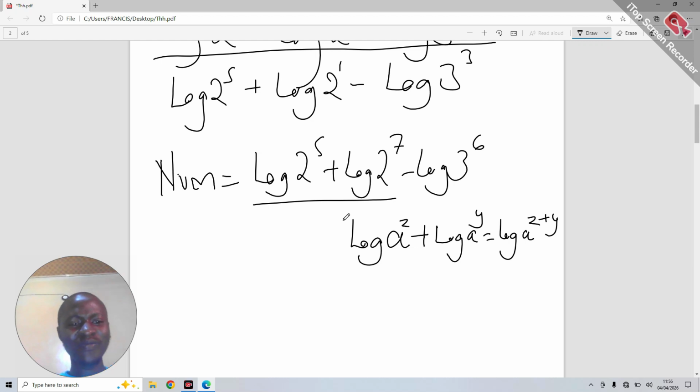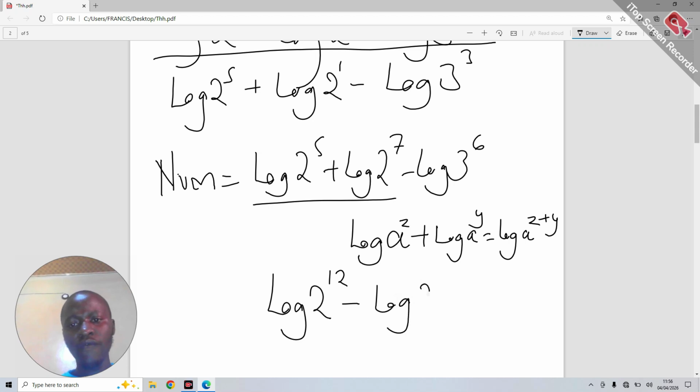Make numbers your favorite games. So having this is the same as having log 2, then you add the powers. 7 plus 5, we have 12, minus log 3 power 6.